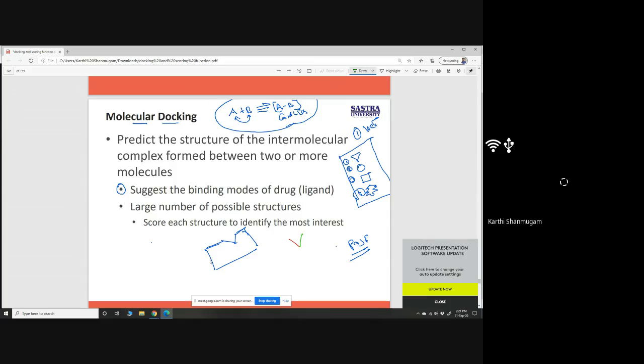Okay, this is my ligand molecule. Can I fit this ligand molecule inside the binding site?